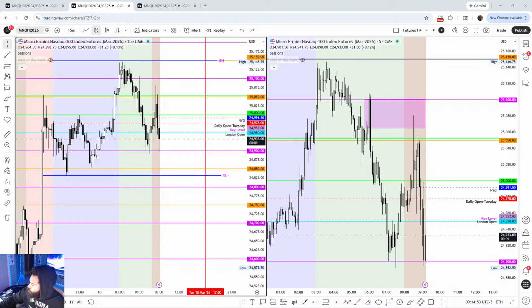So it's a good 5-minute close. So let's see here. Those 15-minute wick lows look dangerous, though.